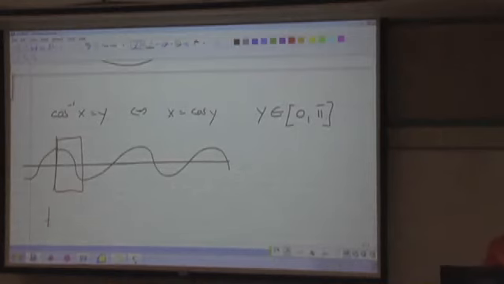Okay. Tangent inverse of x is equal to y is equivalent to saying x is equal to tangent of y. What are the conditions and why? Not quite. Remember what the period of tangent is.